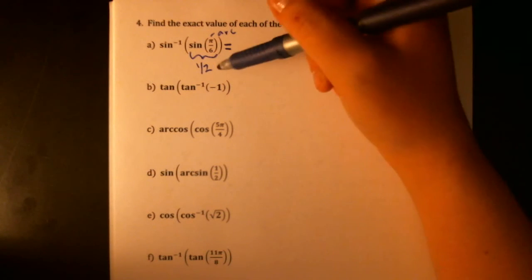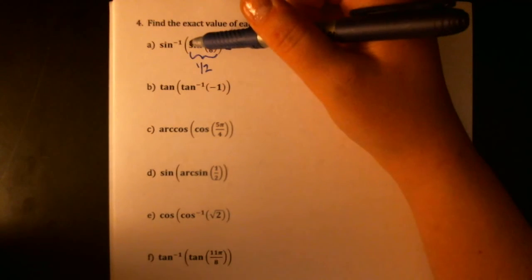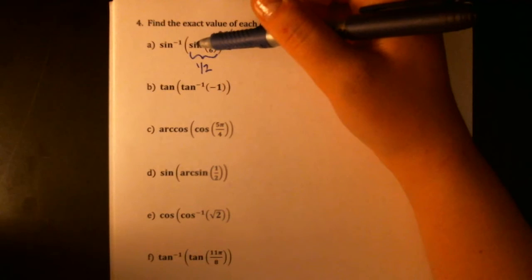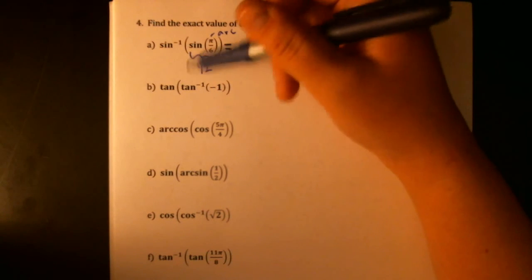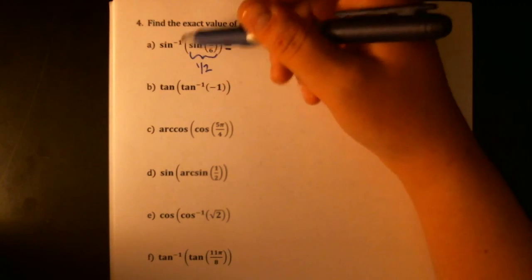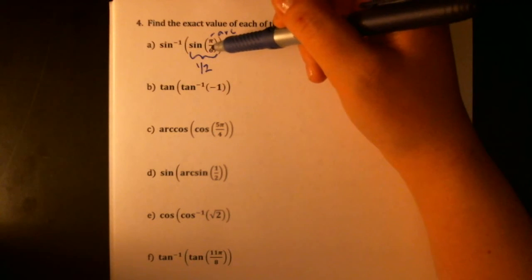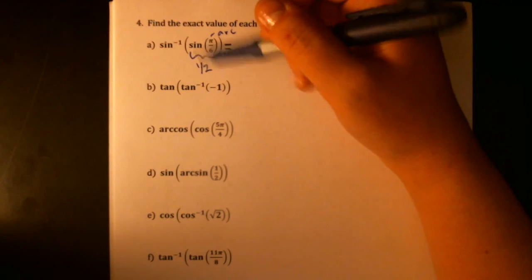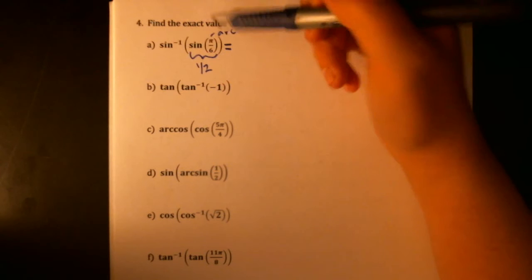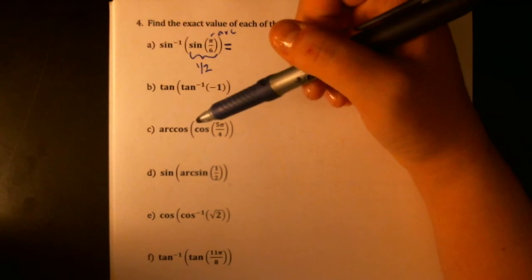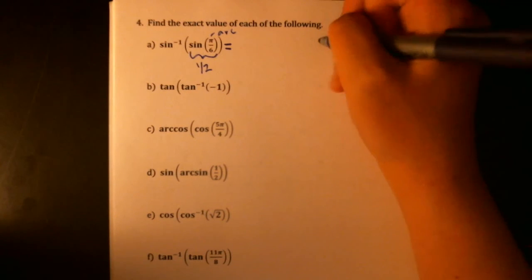If I then take 1/2 and plug it into inverse sine, it's going to say, oh, you're giving me y value 1/2, which is great because that's exactly what I was thinking when I got it out of sine. My y value is 1/2. And then inverse sine should tell me the arc length between negative pi over 2 and pi over 2 that does that.